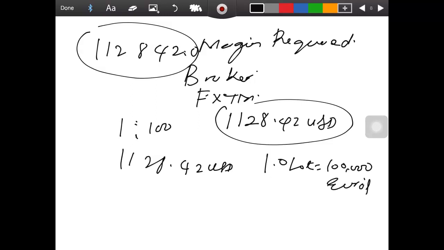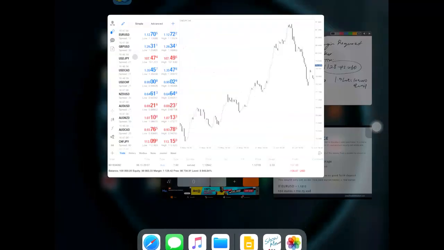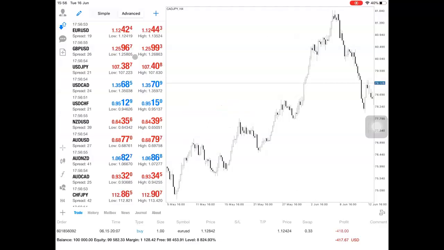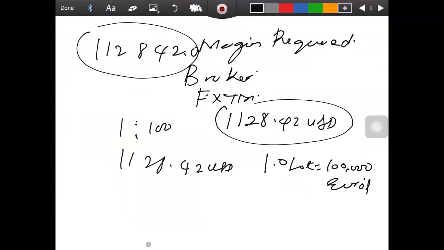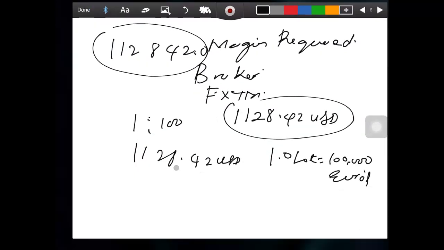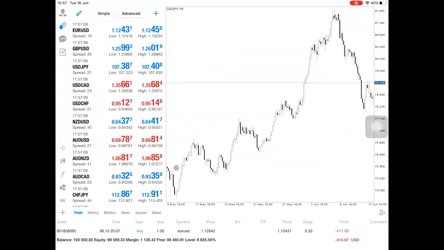Now you will understand why. Let's look at the MetaTrader. Now you understand why we have this figure here, 1128.42. Can you see exactly the same as we have here, 1128.42? And let's look at the leverage.